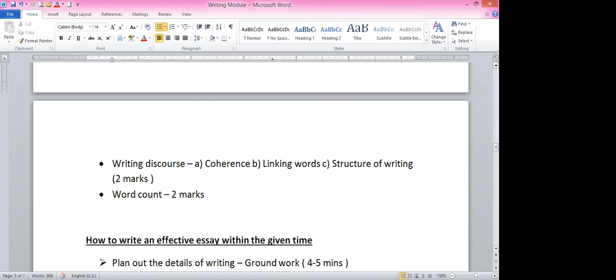Suppose you want to write a similar idea on the advantage of a given topic, and you write a connector meaning in contrast to that. That's an incorrect connector. Okay, so are you using the right linking words, right connectors or not? That is what will be checked also. And is there a proper movement of the paragraph from one part to the next?